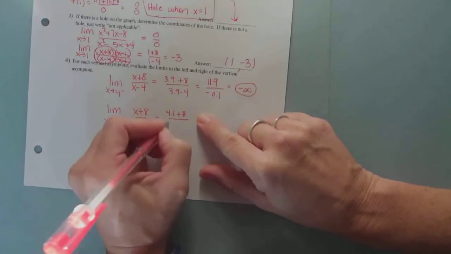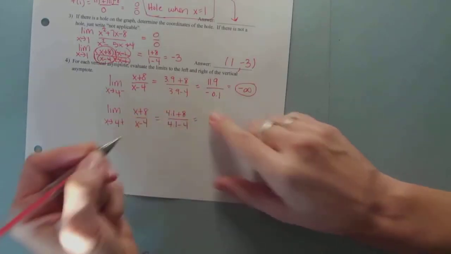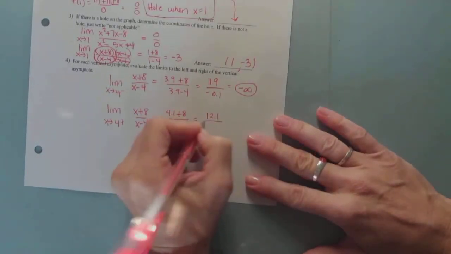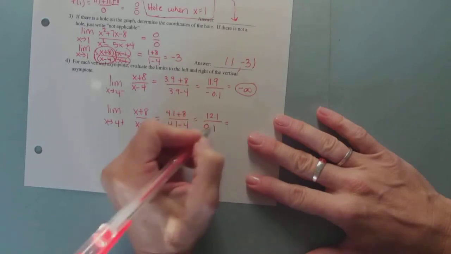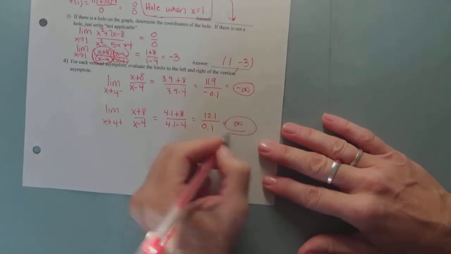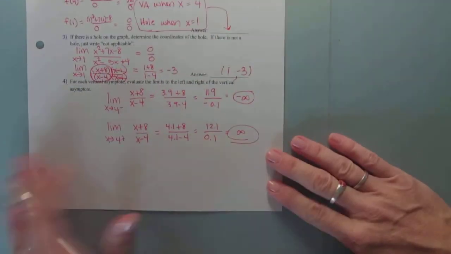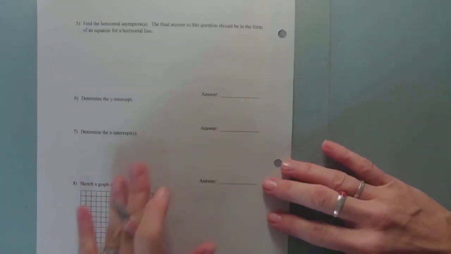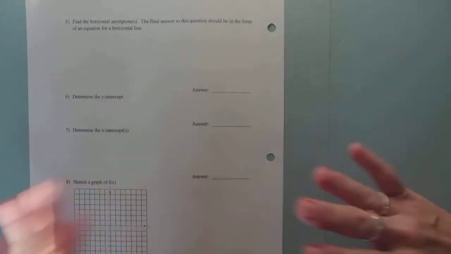When we plug 4 from the right, we have 4.1 plus 8 divided by 4.1 minus 4. That's going to be 12.1 divided by positive 0.1. And again, we talked about the reason that heads toward positive infinity. Okay, so that completes the first side of the sheet. So we're going to flip it over.